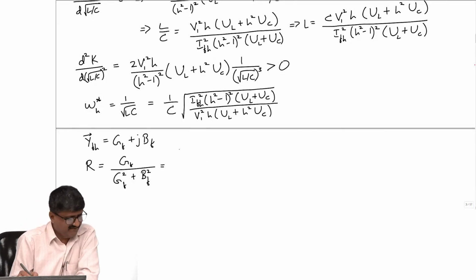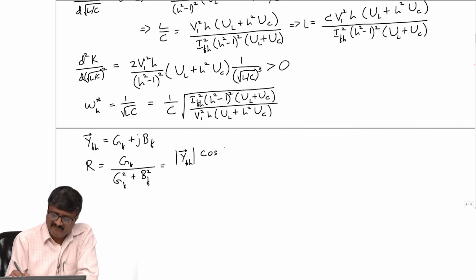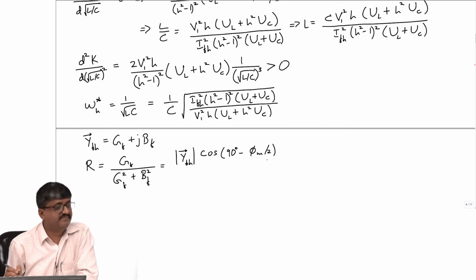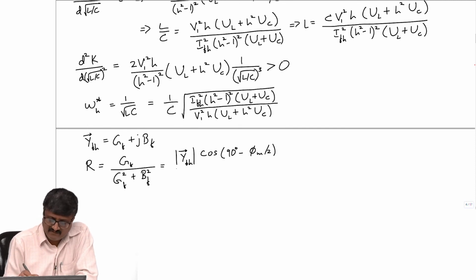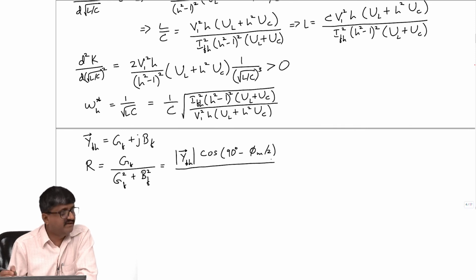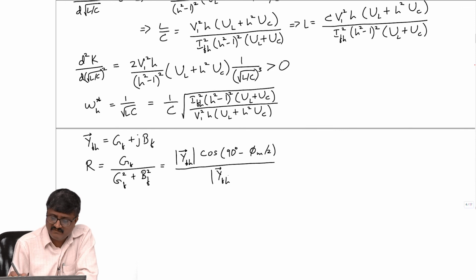So, GF is the magnitude of y of h into cosine of 90 degrees minus phi m by 2. Okay. So, that is GF. Now, what is GF square plus BF square? It is nothing but the magnitude of y of h square.